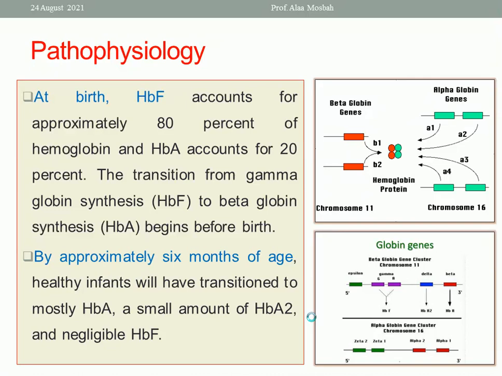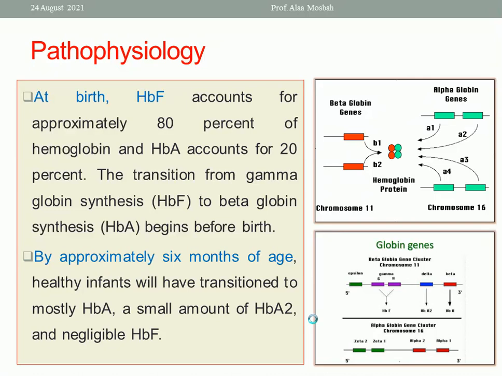By 6 months of age after delivery, the healthy infant will have transitioned to mostly hemoglobin A, a small amount of hemoglobin A2, and a negligible amount of hemoglobin F. So the major category is hemoglobin A, which is formed of 2 alpha and 2 beta chains.